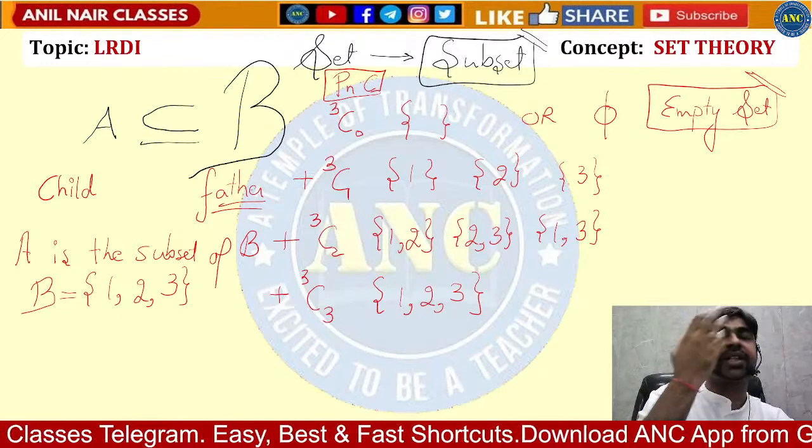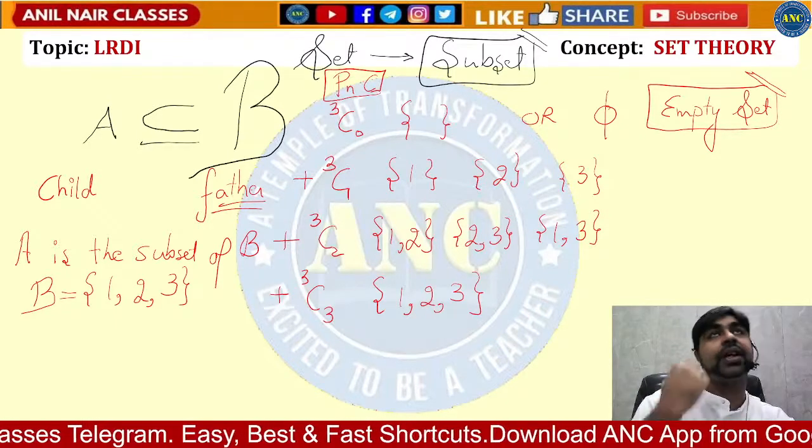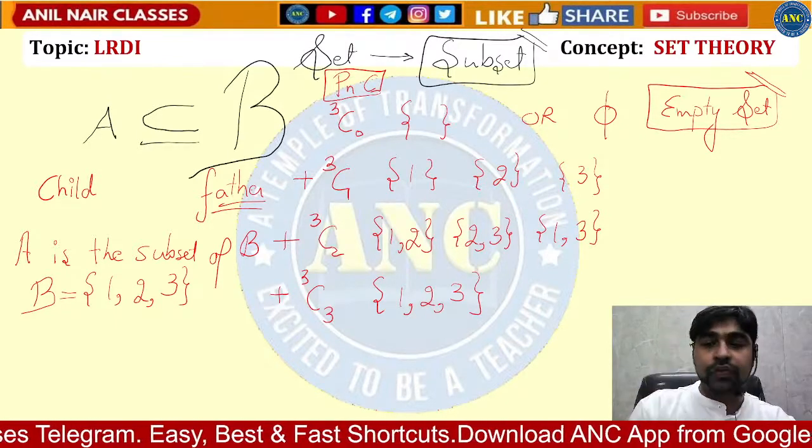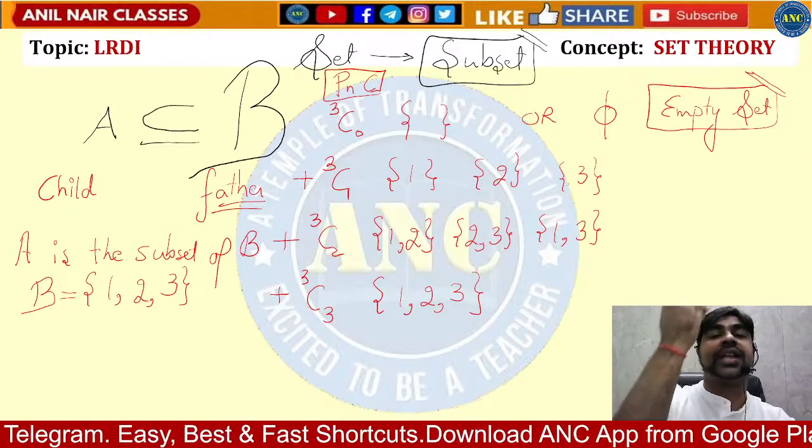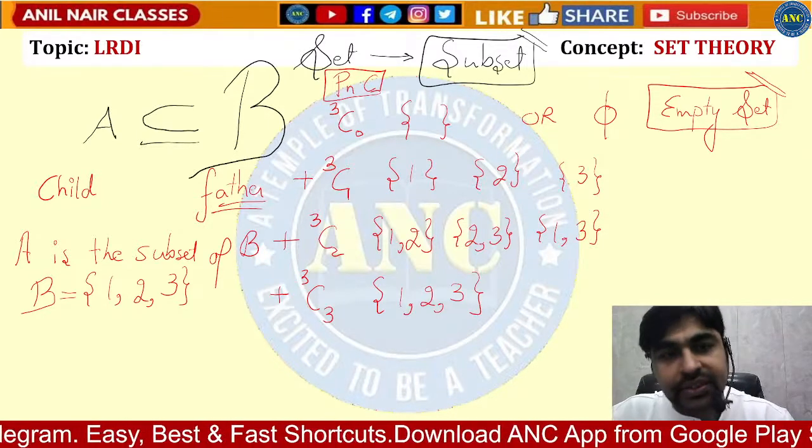Then out of 3 properties the child takes one of the properties, out of 3 properties the child takes 2 of the properties, and out of 3 properties the child takes all 3 of the properties.